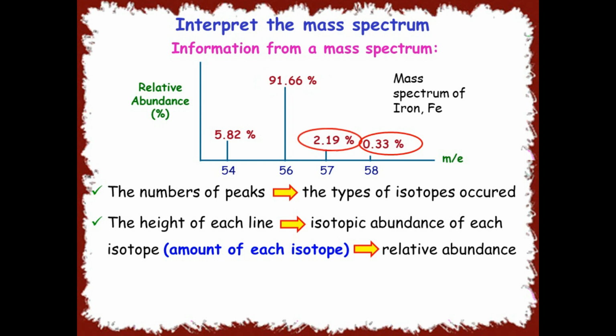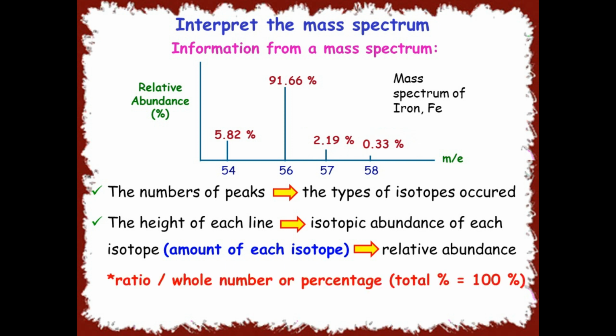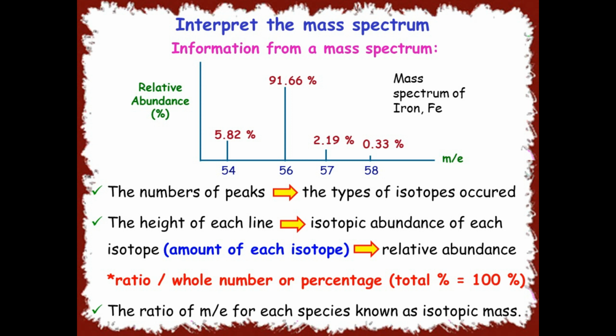Iron-57 is 2.19%. And iron-58 is 0.33%. Relative abundance exists in the form of a ratio, whole number or percentage, where the total percentage is equal to 100%. The ratio of m over e for each species is known as isotopic mass.